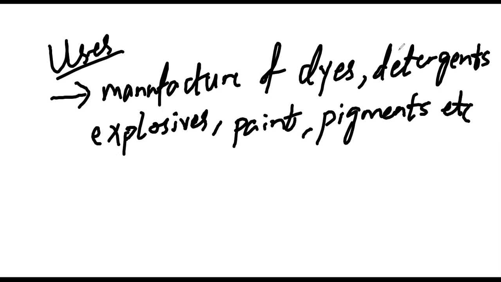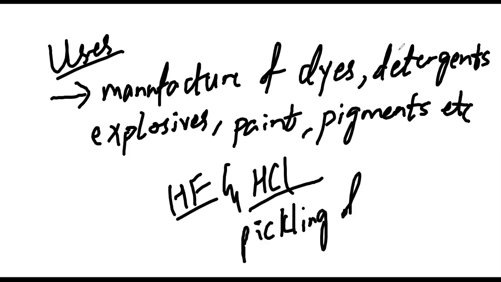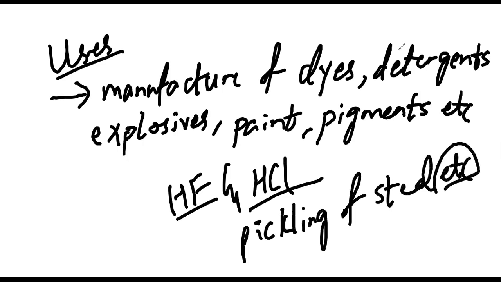Also ether, ethylene, alum, leather tanning, fertilizers, artificial fibers like rayon, plastics, and the production of hydrochloric acid and hydrofluoric acid, HF and HCl, which are also made from sulfuric acid, and for the pickling of steel. These are the uses of sulfuric acid, and many others.